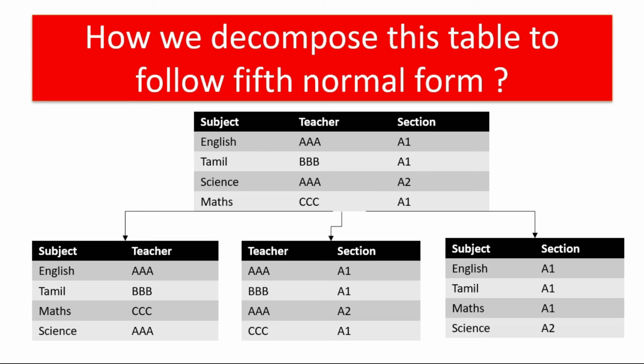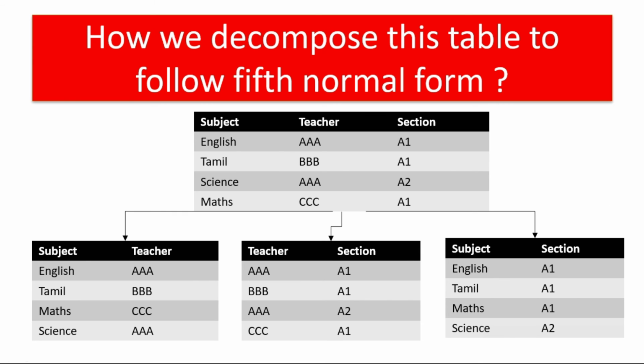To compensate for that, we have the subject and teacher relation, the teacher and section relation, and we need to add one more relation, the subject and section relation. Now, after getting these three tables, we have saved the section and subject data.